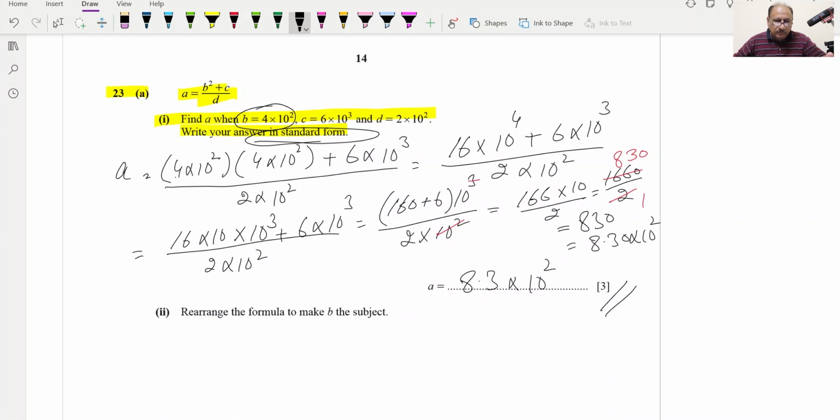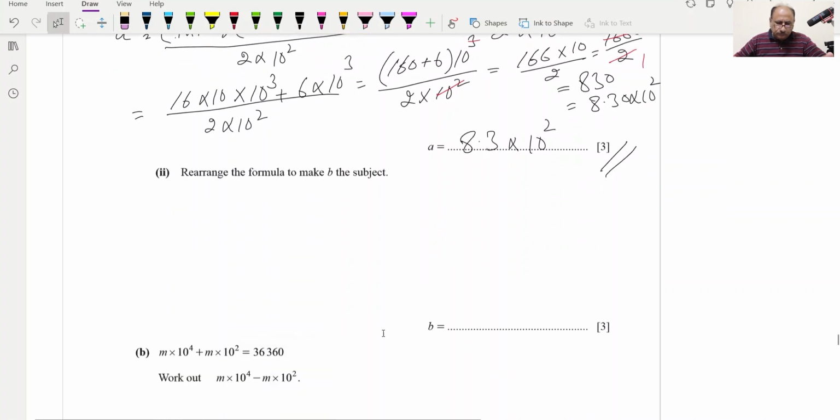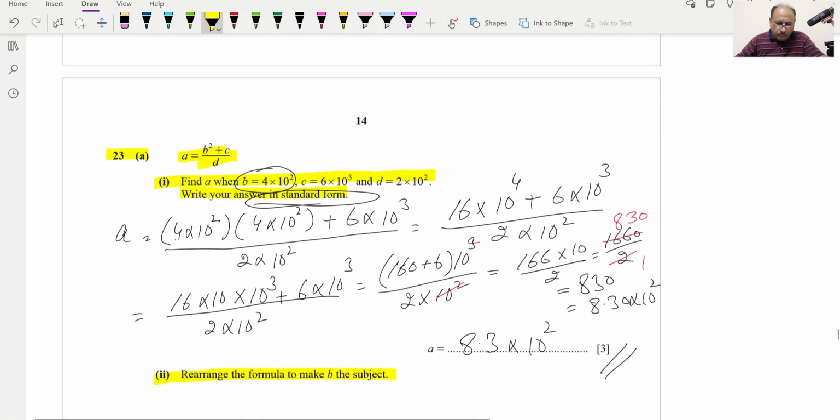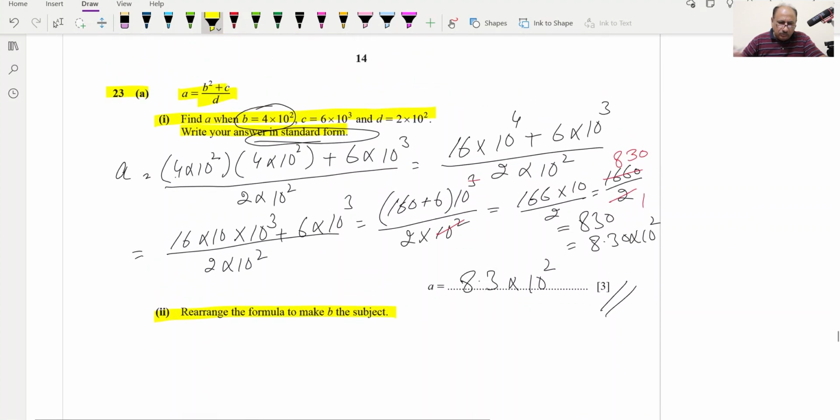This is a 3-mark question. Now next is rearrange the formula to make B the subject. The formula is A is equal to (B square plus C) over D, and we have to make B the subject.